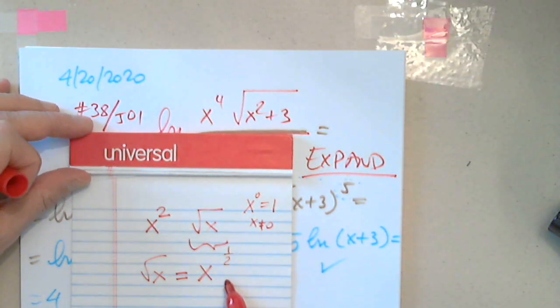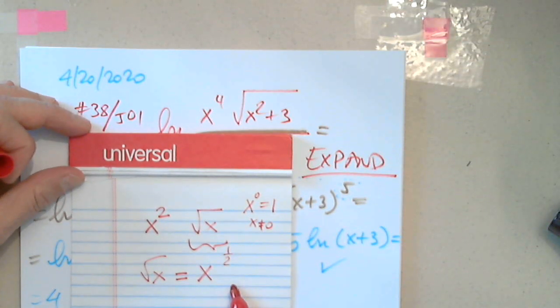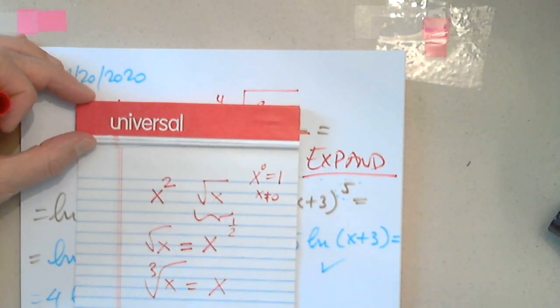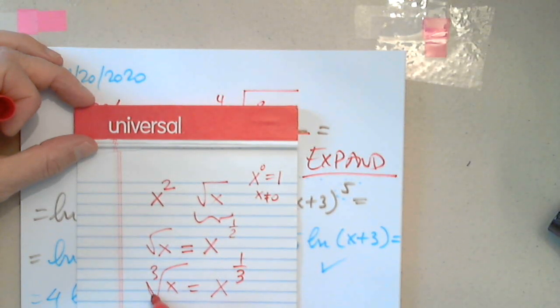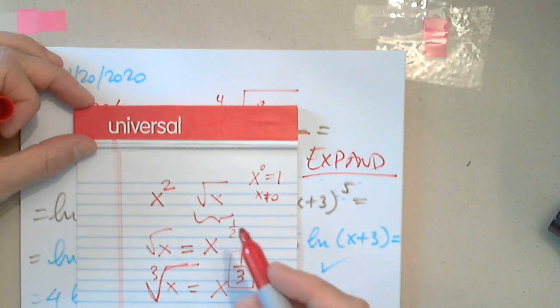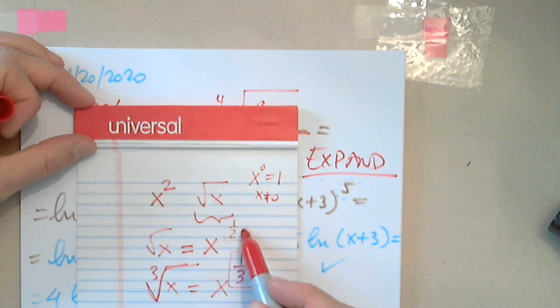We remember this, right? We've done this many times in the past. So what about the cube root? What is the cube root? It's x to which power? 1/3. Very good. So please remember, every radical represents a power that is a fraction. If this is index 2, the power is 1/2.